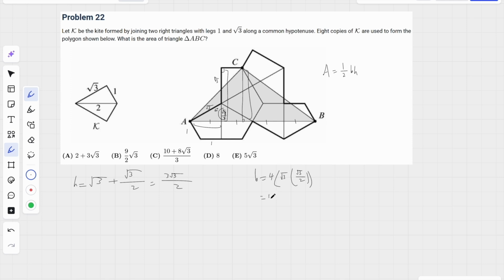This is equal to 4 times 3 over 2, which is equal to 6. So now we can solve for area, and we can plug these back in. We get area equals half of 6 times 3 root 3 over 2, and we get 9 root 3 over 2.